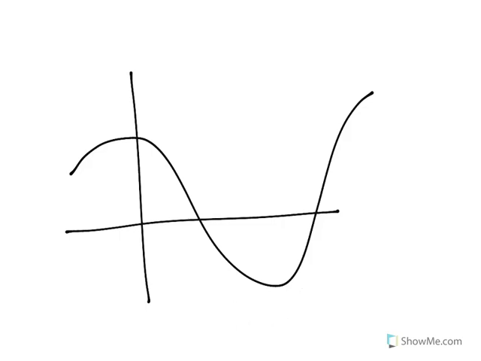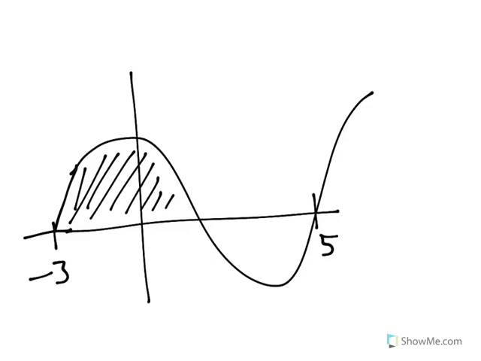So let's say, for example, here, from maybe -3 up to 5, the area under the curve would technically be this area right here that's shaded, and then also include this area right here that's shaded, because a better way to say it is the area between the curve and the x-axis. Now this brings up an interesting point.